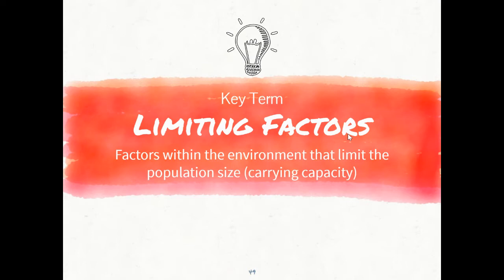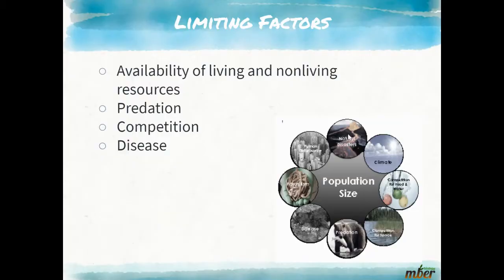The limiting factor is the resource that is the least abundant that would set the cap. If they were in a drought, the water would likely be the limiting factor. So limiting factors include the availability of living and non-living resources. Other things such as predation, competition, and disease also come into play.